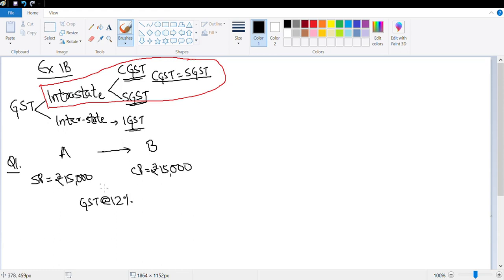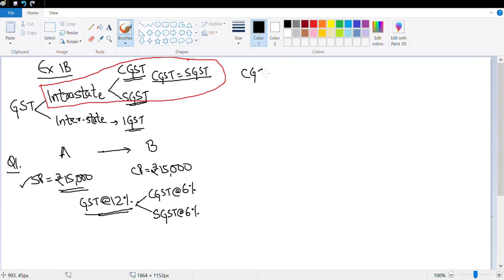So we need to calculate the SP at station A, which we just did. We need to calculate CGST. Since GST is at 12%, and both CGST and SGST are equal, CGST will be at 6%. Similarly, SGST will be at 6%.